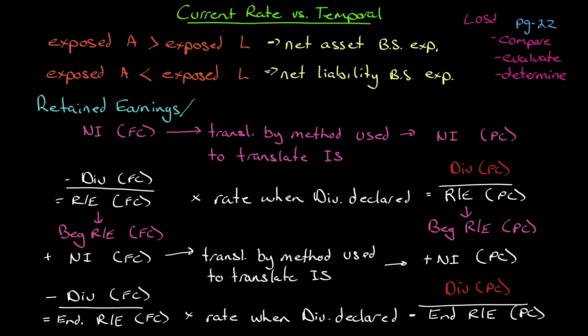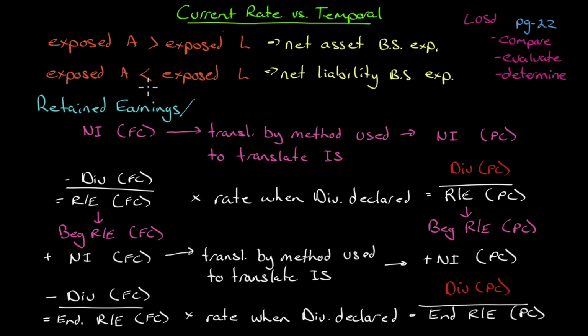All right, well, we're going to do the retained earnings account now just to see what's different there. But before we do that, let me just spend a few minutes making sure that we can cement the main theme as an analyst, the main thing we want to look at right away when we're dealing with international operations or companies with foreign subsidiaries. From a parent perspective, when you're looking at your subsidiaries, if the exposed assets are greater than the exposed liabilities, the parent has net asset balance sheet exposure from the subsidiary.